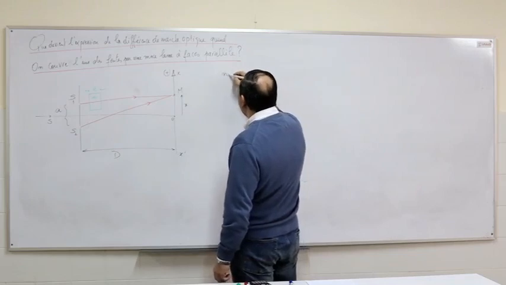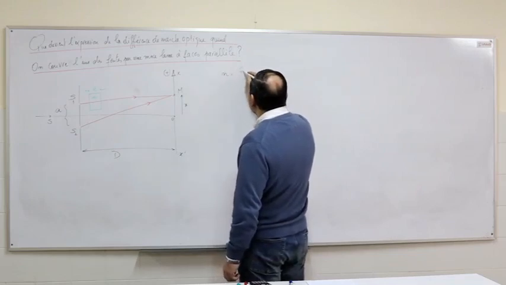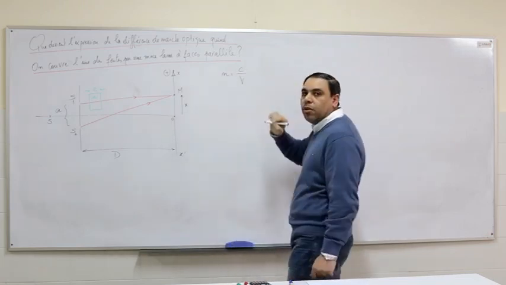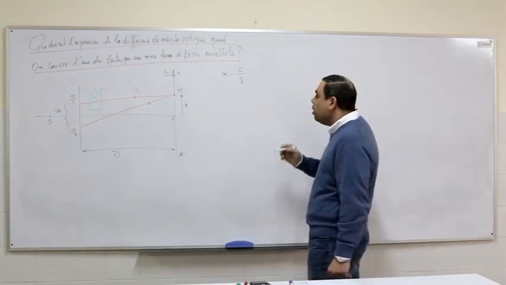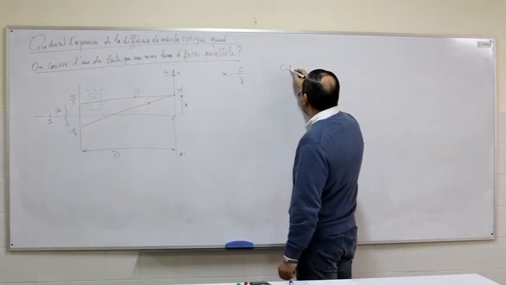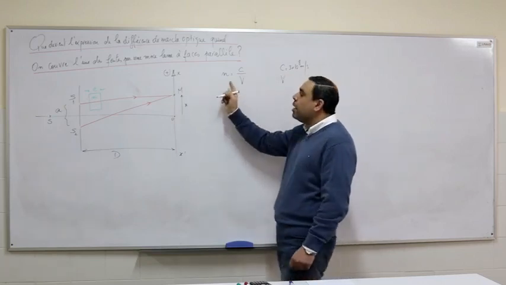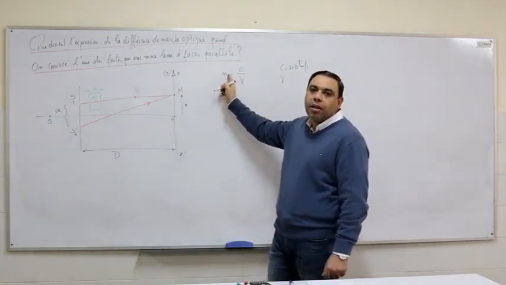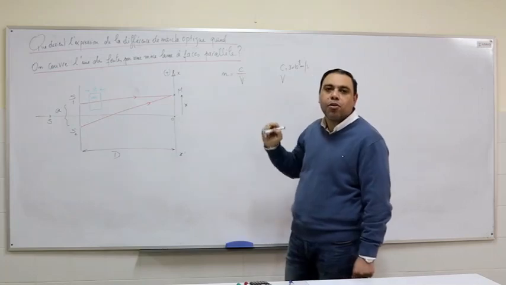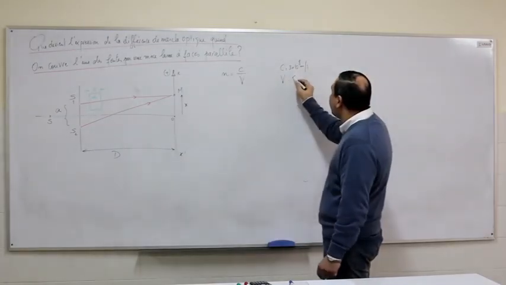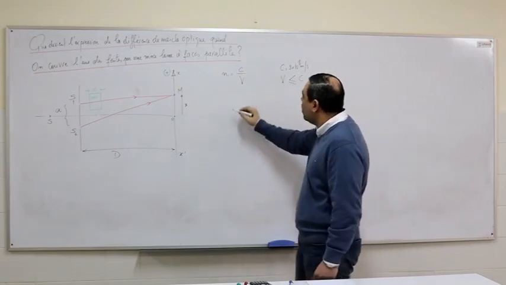Recall that the index of refraction of a transparent medium is N equals C over V, where C is the speed of light in vacuum, approximately 3 times 10 exponent 8 meters per second. V is the speed of light in the transparent medium of index N. V is always less than or equal to C. Thus N is always greater than or equal to 1.